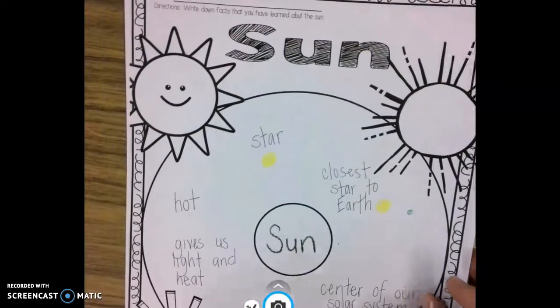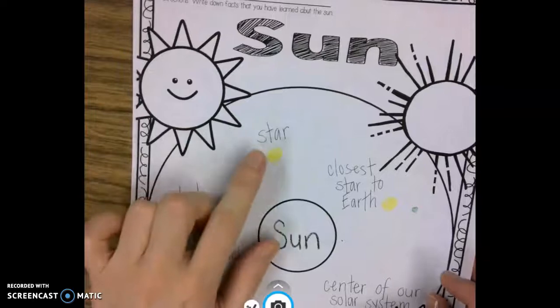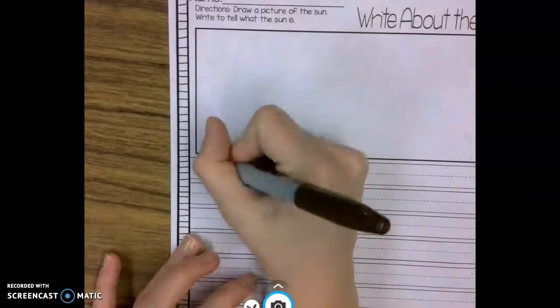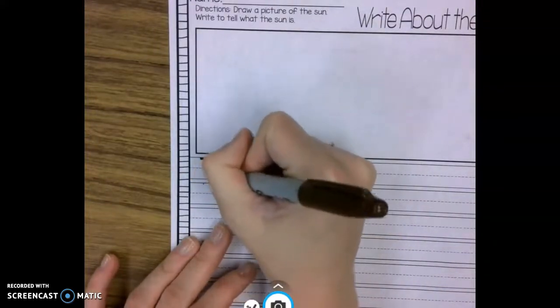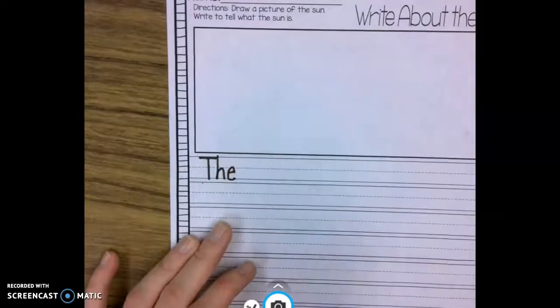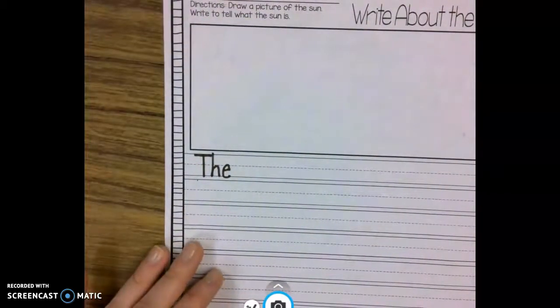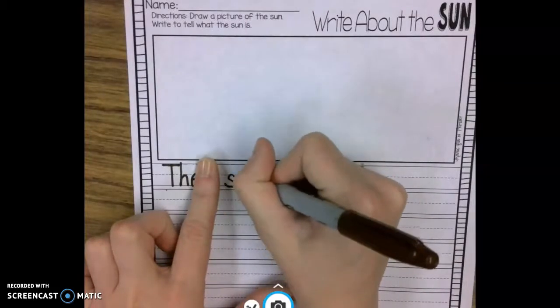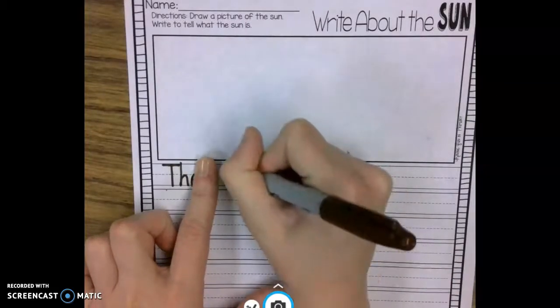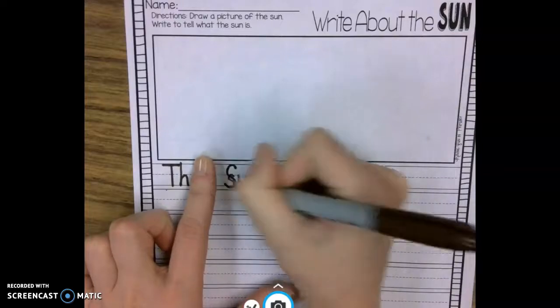So for me, maybe the first thing I want to say, what is the sun? It's a star. So I'm going to write the, remember, we start with a capital, and handwriting is important, the sun, don't forget your finger space. Oh, sun is a name, it's a proper noun.